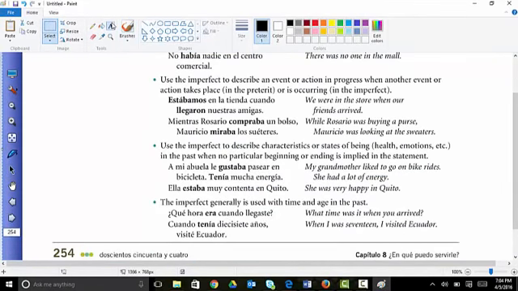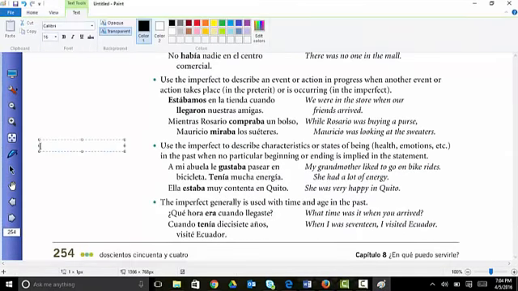So when you have words like want, hope, desire, need, have, is, am, are, these are states of being verbs. They tend to be in the imperfect unless there's something that lets you know that the state has ended.